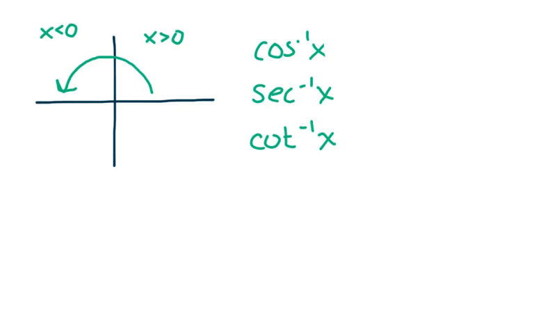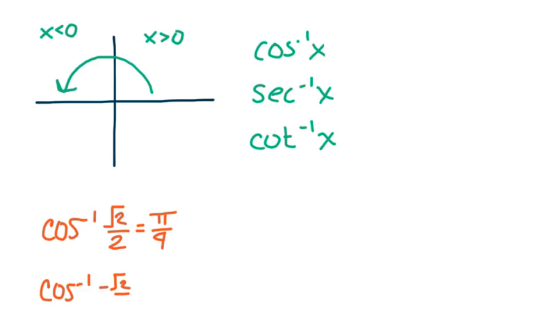So, for instance, what angle has a cosine of root 2 over 2? We know that's 45 degrees, pi over 4. What angle has a cosine of negative root 2 over 2? You give the pi over 4 in quadrant 2, that is 3 pi over 4. Quadrant 3 is no man's land. No function ever goes into there.